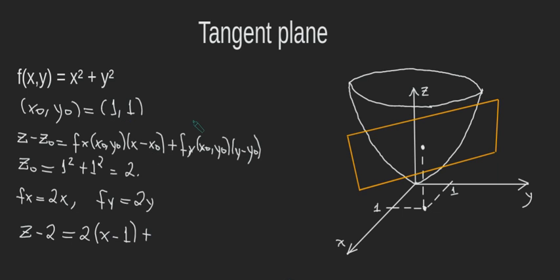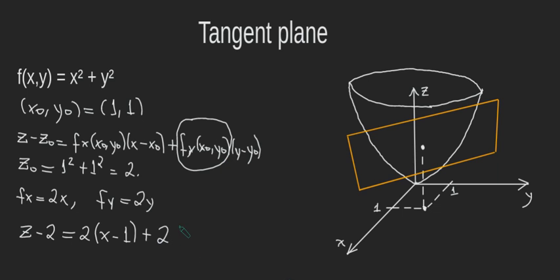plus the derivative with respect to y. It is 2y, but we compute it at the point x0, y0, so instead of x and y, we put 1 and 1. The x does not matter because this just depends on y, so it will be 2 times y0, which is 1.